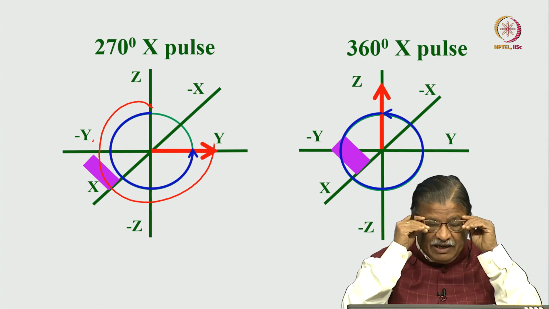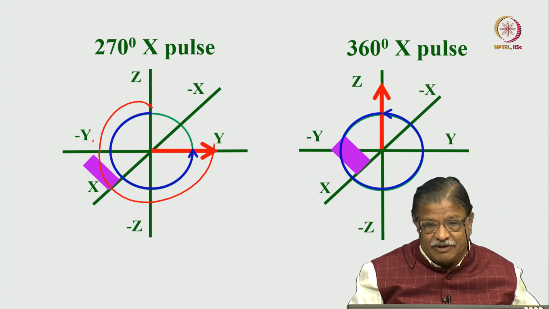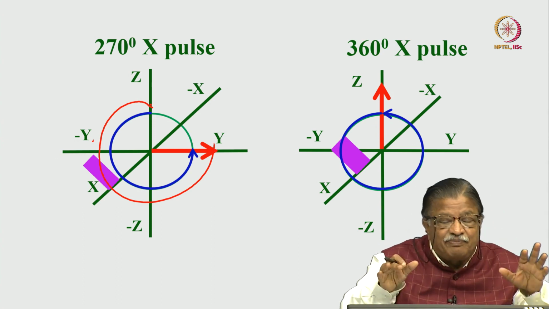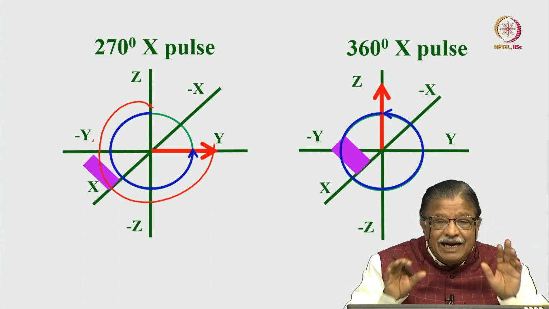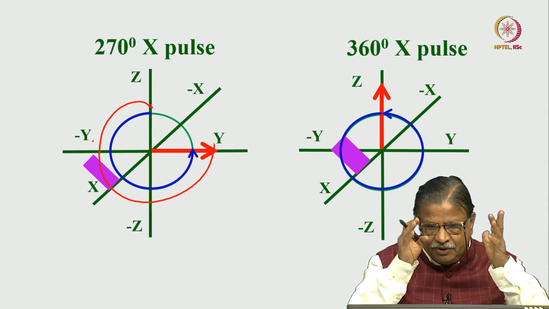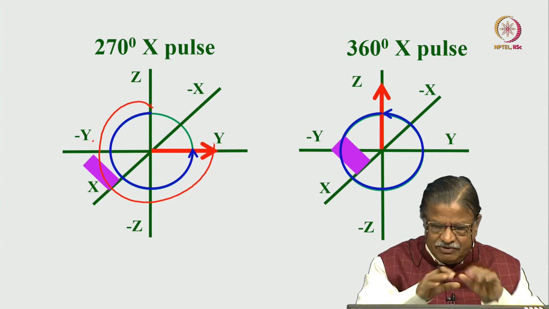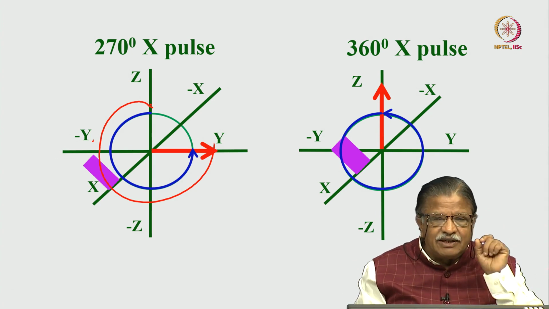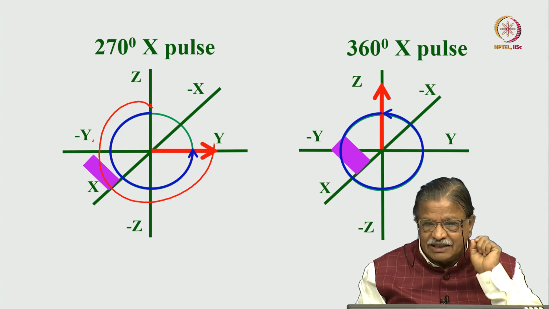This is called a flip angle of the pulse. I can apply different flip angles of the pulses and tilt the magnetization by any angle theta from the z axis, with respect to the x or y axis. This is the concept we have to use for understanding NMR.